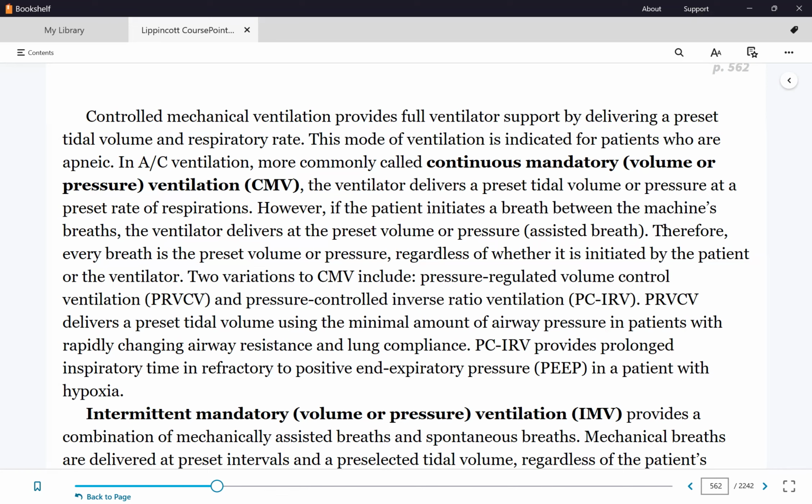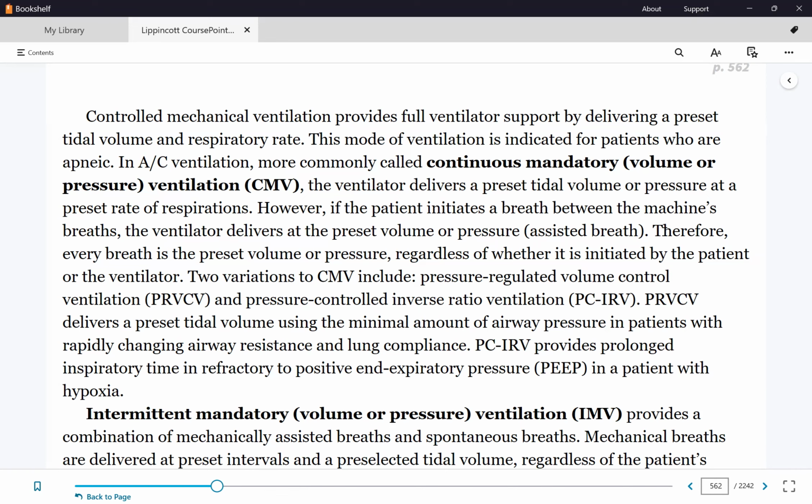So what will happen to the total breaths per minute if the patient now breathes more and more spontaneous breaths? What do we call that condition? Hyper. The patient will hyperventilate. So what will your ABG result be? Respiratory alkalosis.